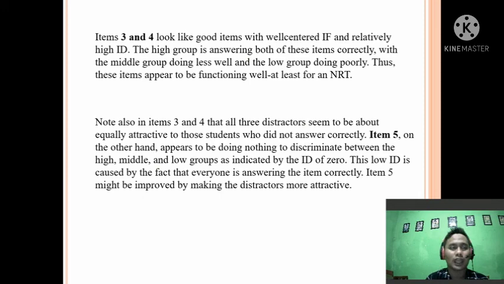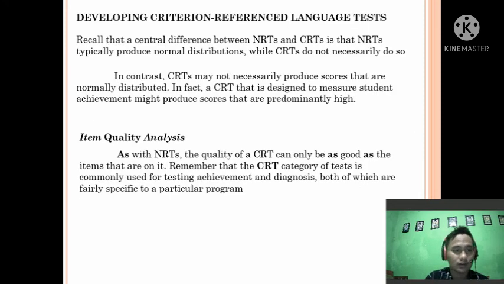Okay, guys. Okay, and the next is developing a criterion-referenced language test, or it can be called CRT. Okay, CRT. Recall that a central difference between NRT, norm-referenced test, and CRT, criterion-referenced test, is that NRT typically produces a normal distribution, so the norm-referenced test is better on that point than CRT, while CRT doesn't necessarily do so.